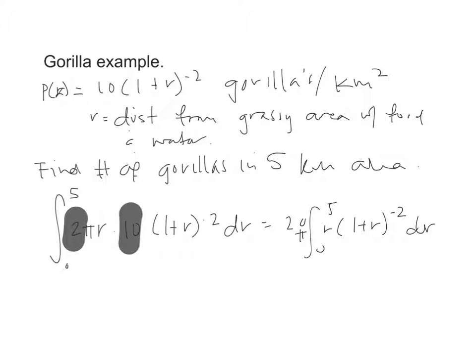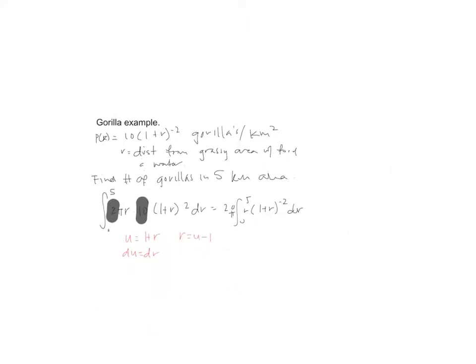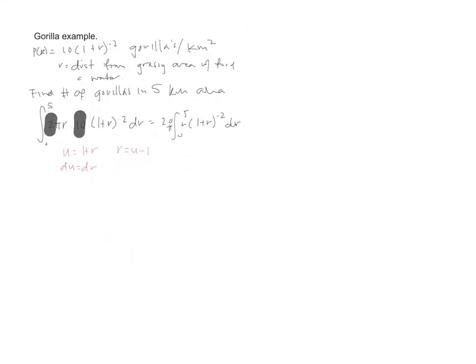Now we need to integrate this. To do that, I need to do a u substitution. u equals 1 plus r, so that r equals u minus 1. du equals dr, thankfully, mercifully. This can be written as 20 pi integral of, and I change those bounds, so it's 1 to 6 now by plugging in: 0 plus 1 is 1, 1 plus 5 is 6.